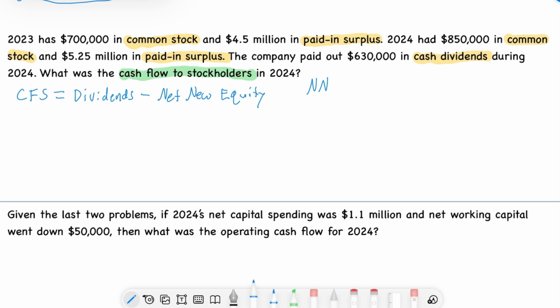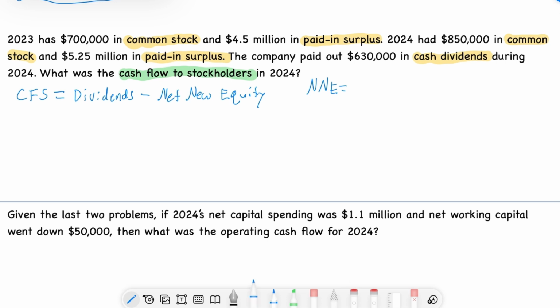To do that, I'll abbreviate this NNE. It's going to be the difference in our common stock plus the difference in our paid in surplus. So work that out.